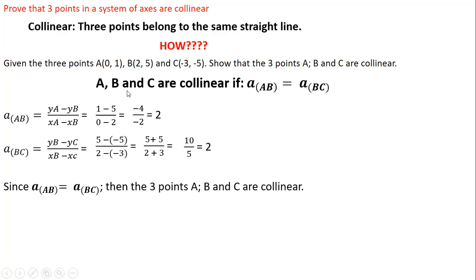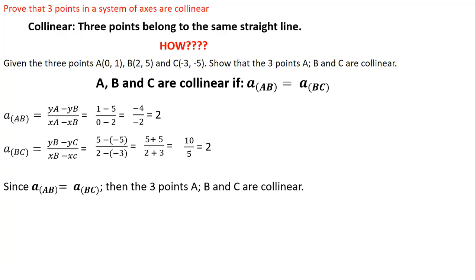So again, to prove collinear points, we take the first 2 points and we find their slope. We take the second point with the third point, we find the slope. If the slopes are equal, then the 3 points will be collinear. Is this clear, guys, how we prove 3 points in a system of axes are collinear? Yes.